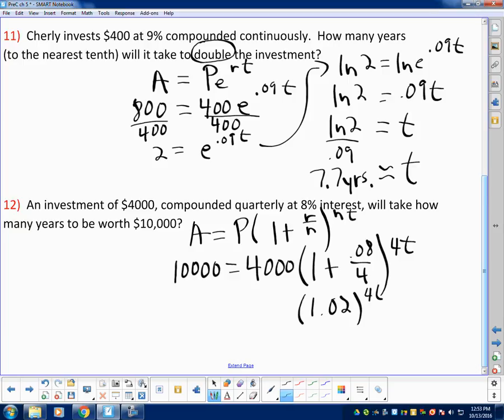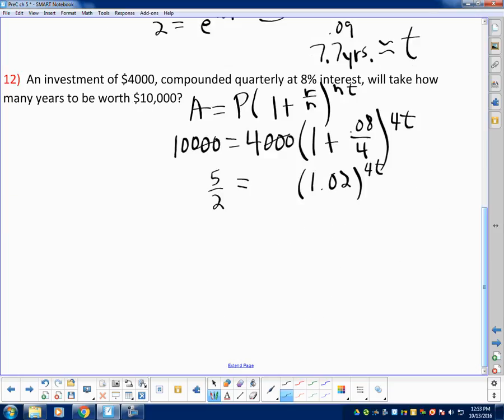And then over here, if I divide by 4,000, I lop off 3 zeros. 10 over 4 is the same as 5 over 2, right? Am I ready to do ln of each side now? Yep. So it's ln of 5 over 2 equals ln of 1.02 to the 4t.